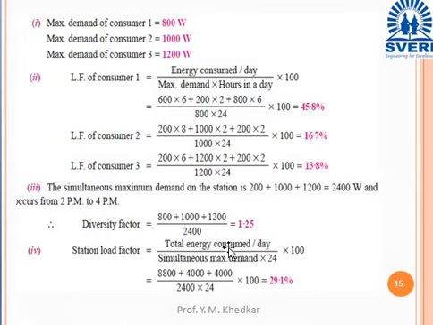So, total energy consumed in a day means energy consumed by consumer 1 plus energy consumed by consumer 2 plus energy consumed by consumer 3, divided by 2400, the simultaneous maximum demand of the plant, multiplied by 24. It will give a value of 29.1%.